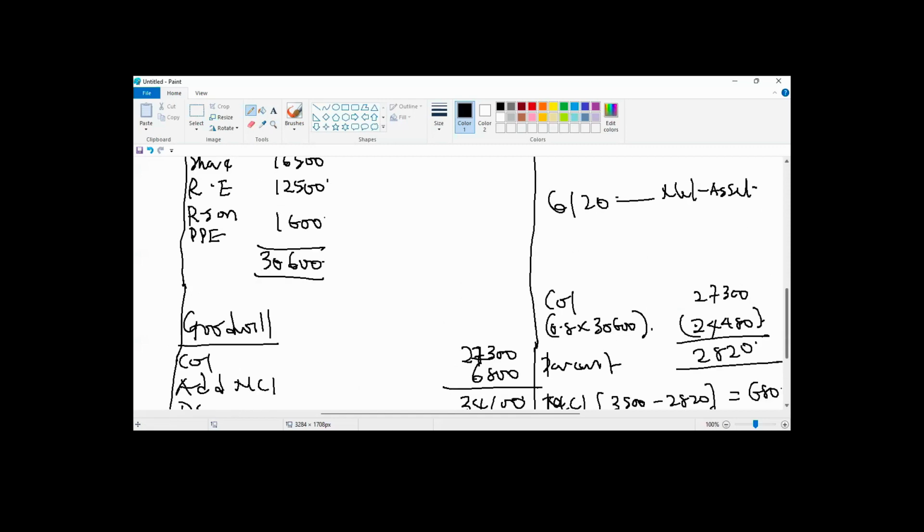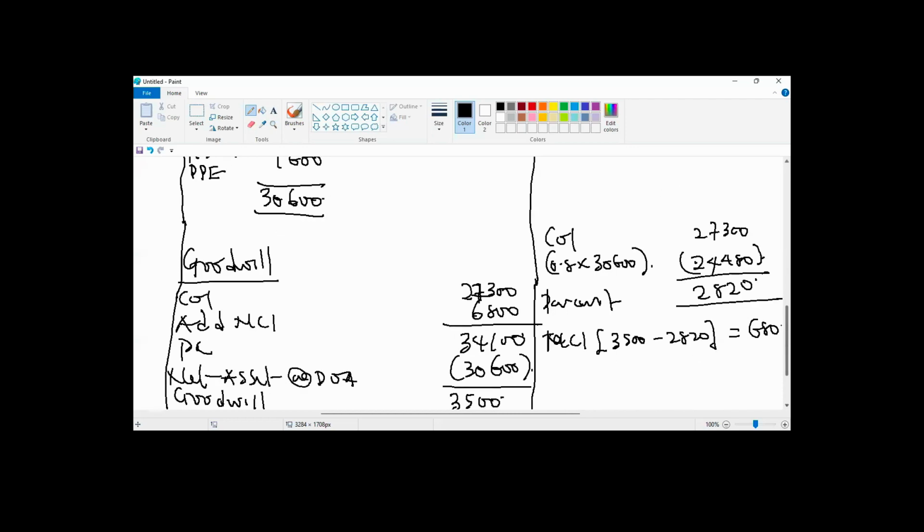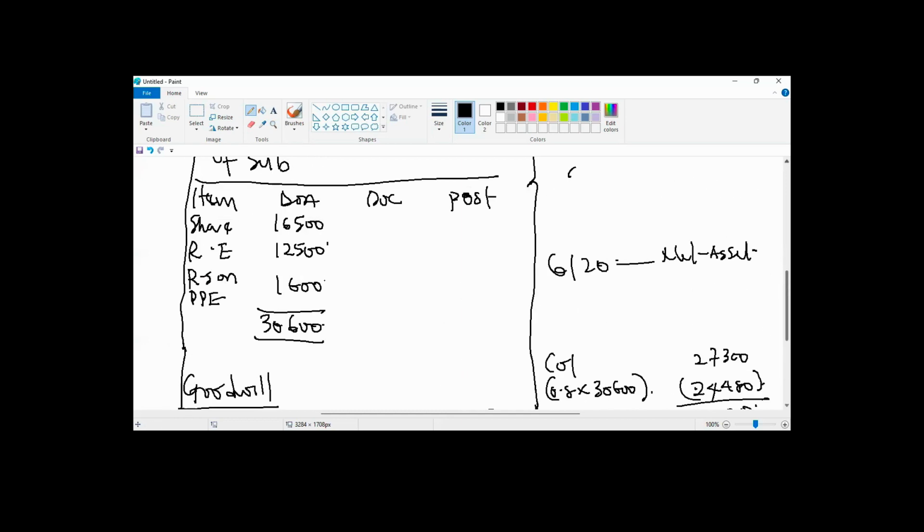If they want to give you an exam, they could say goodwill attributed to NCI 680. But it's giving fair value of NCI, which is the net assets plus the 680: 6,120 plus 680. That is how they come about it.